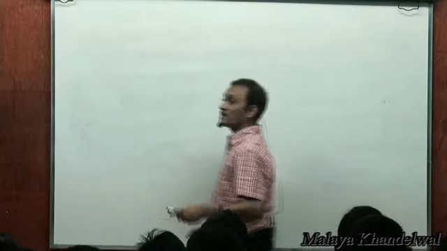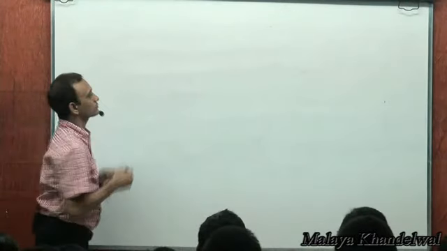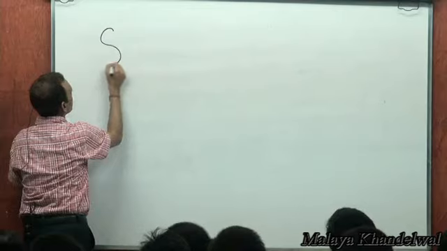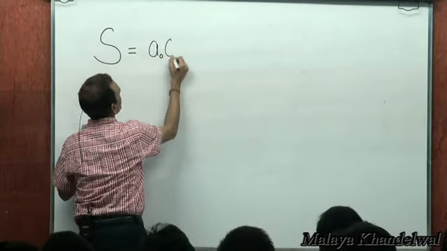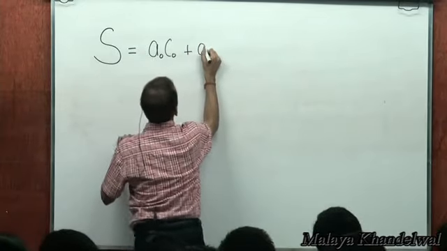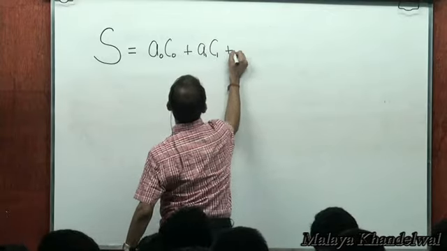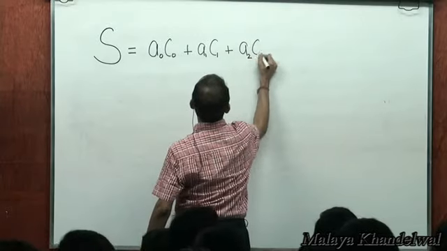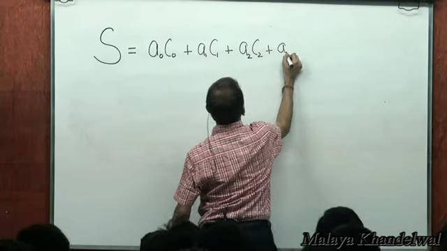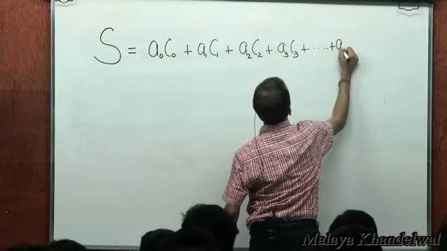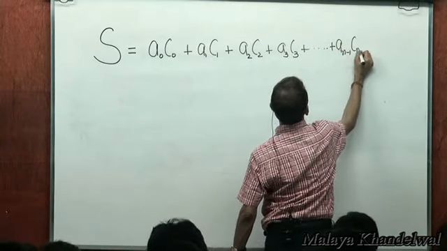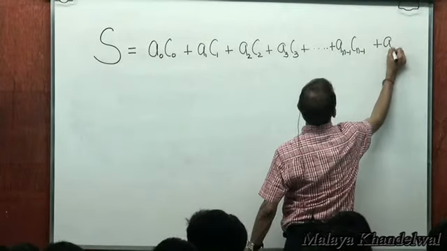Suppose someone gave you a summation of this kind, S, which is say A0C0 + A1C1 + A2C2 + A3C3 + ... + A(n-1)C(n-1) + AnCn.